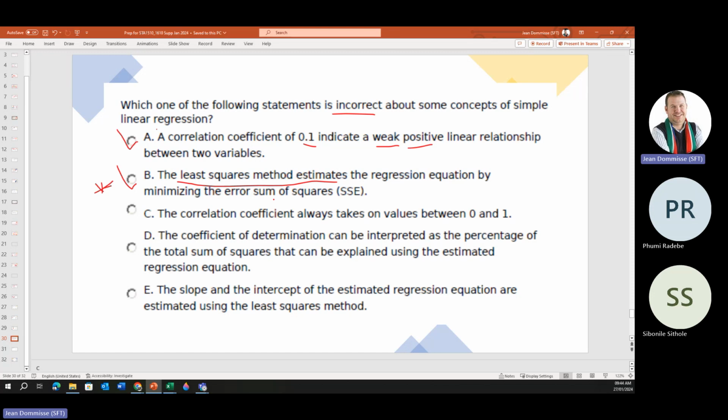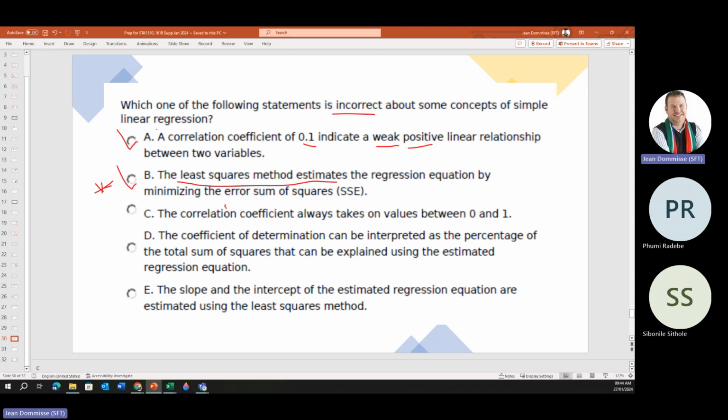That is purely straight out of the study guide. You can even Google what least square method is, and that is purely just copied out of the study guide as a definition. C: The correlation coefficient always takes on values between 0 and 1.